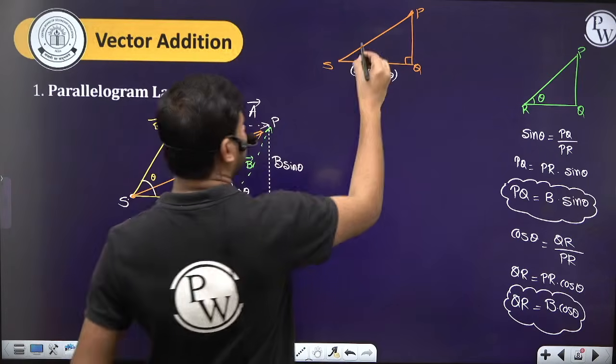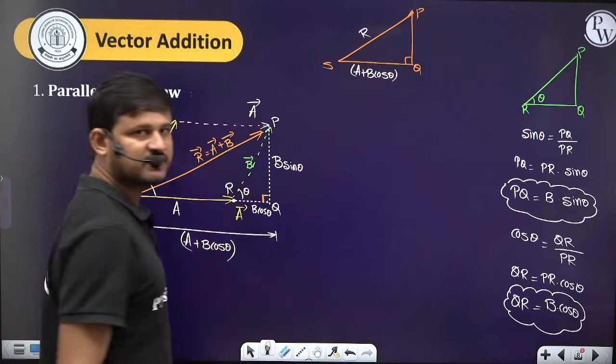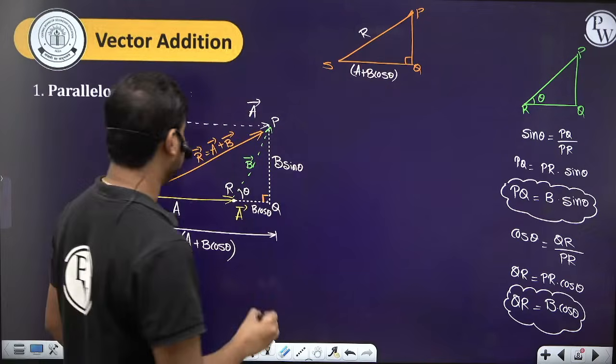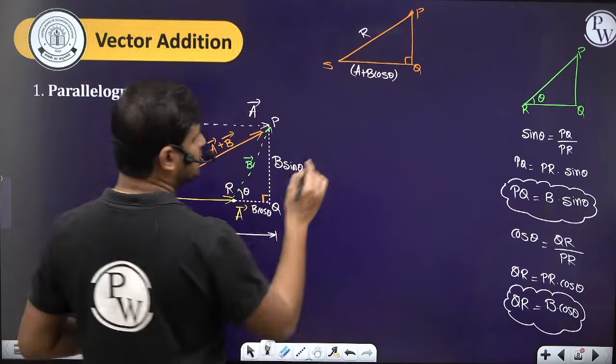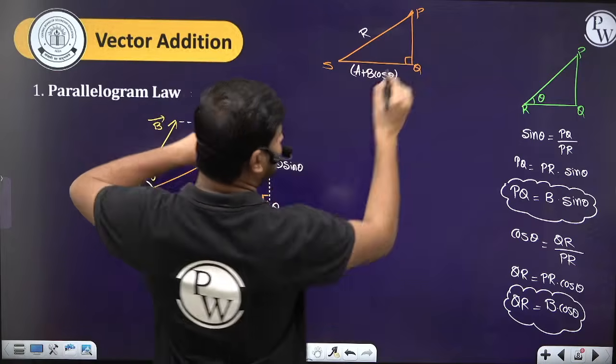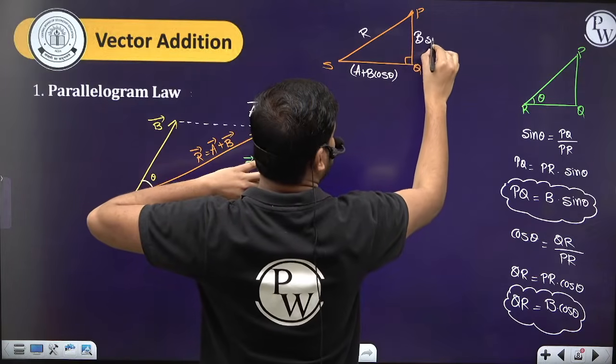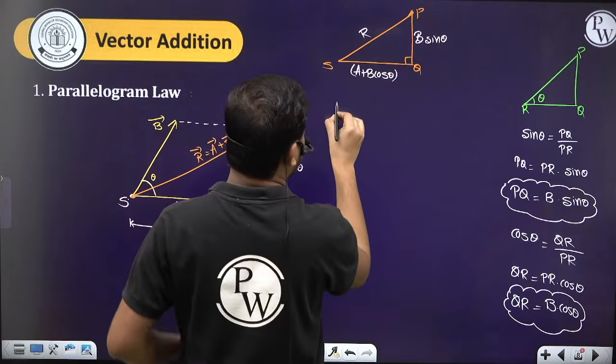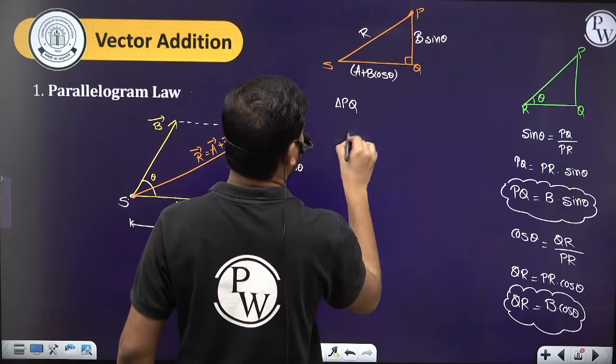SP is nothing but the magnitude of the resultant R. Then this PQ is nothing but B sin theta.